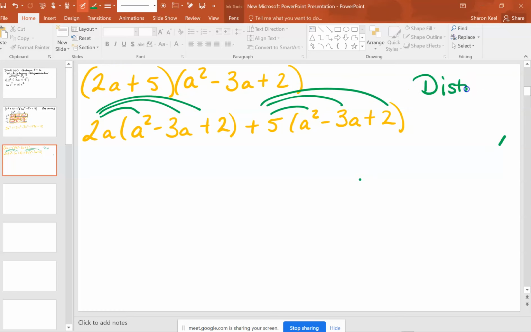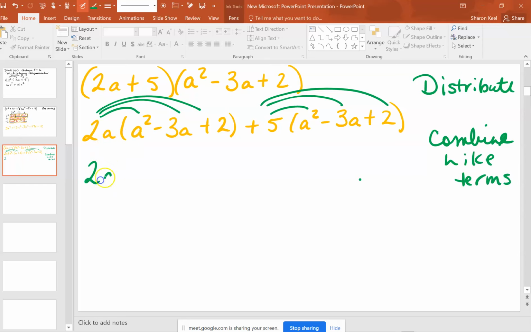So we are going to distribute, and after we distribute, then we will combine our like terms. So here, to begin with, I'm going to have 2a cubed minus 6a squared plus 4a. Distributing here, I get a positive 5a squared, a minus 15a, and a plus 10.